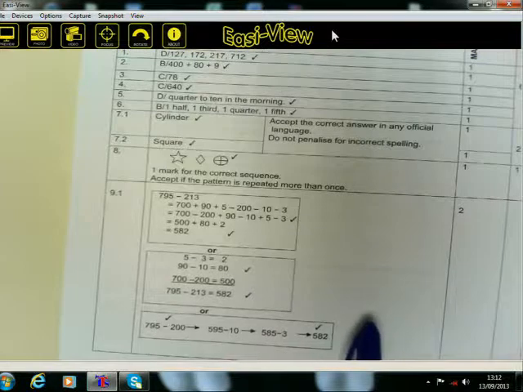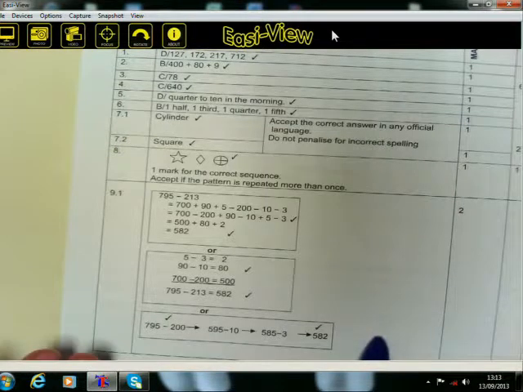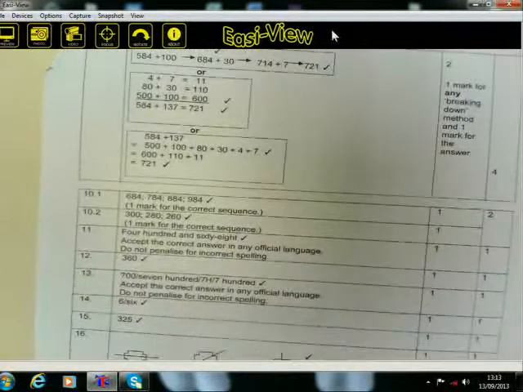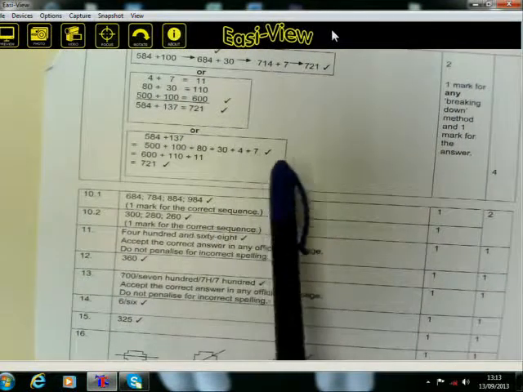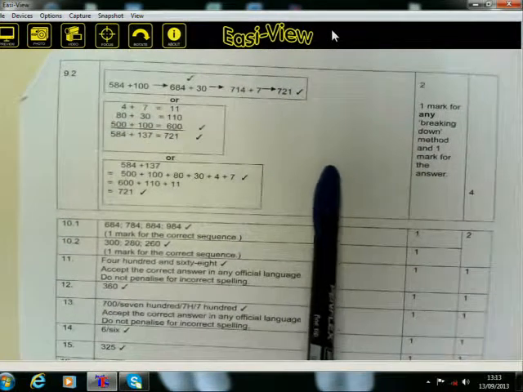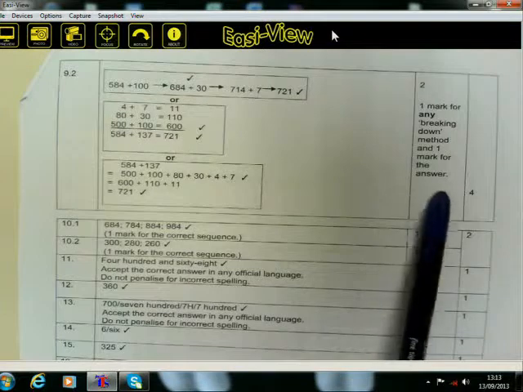One is for the method and the other one is then for the answer. 9.2, it's also a calculation that we have to look at the method and also at the answer. 1 mark for any breaking down method and 1 mark for the answer. So that's very clear.